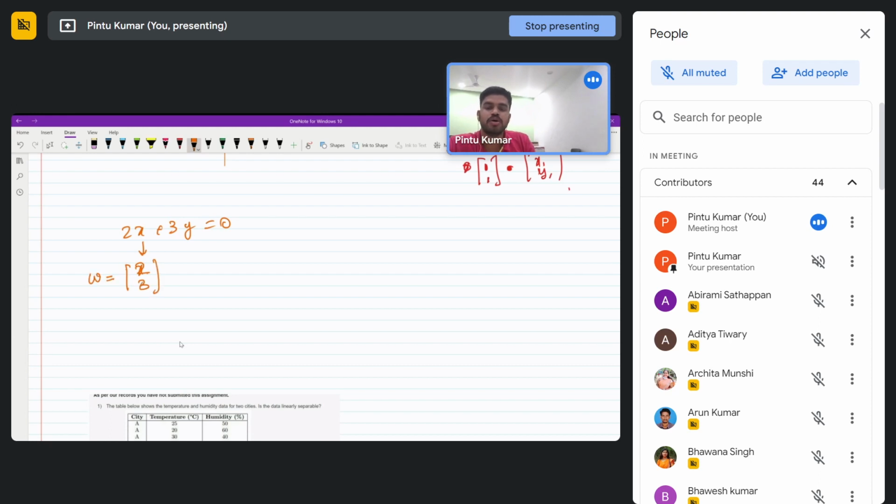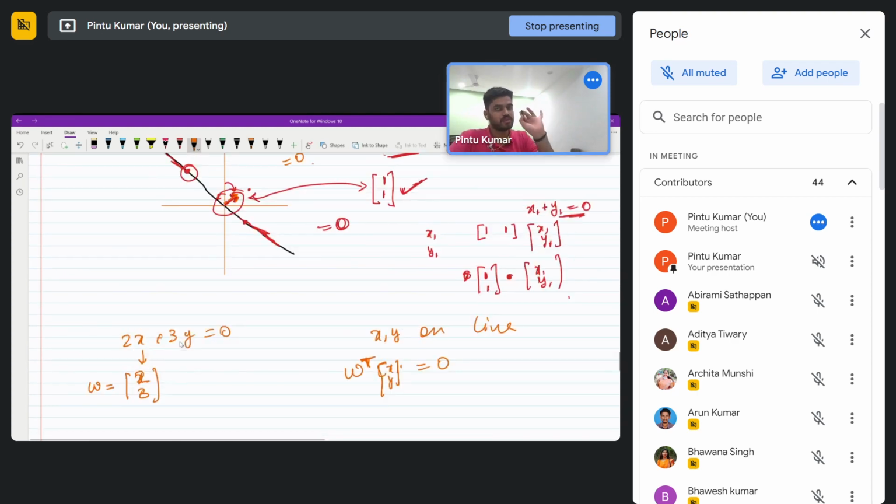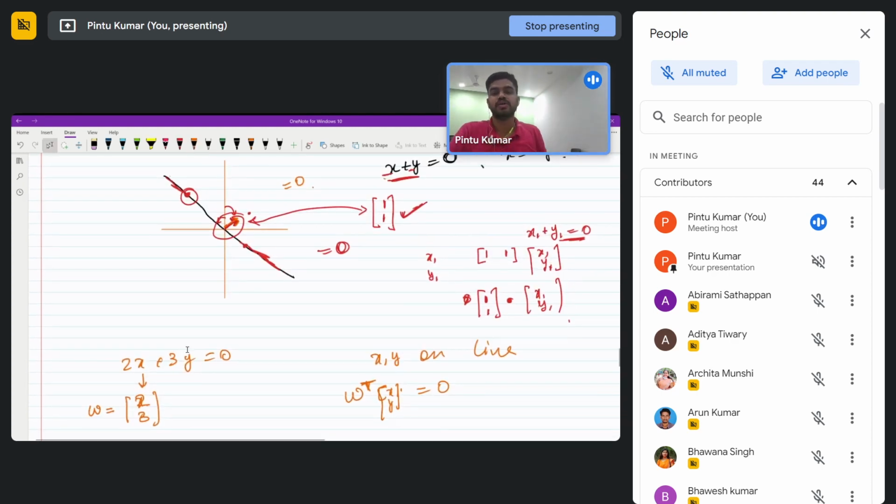Let's call it w. Then for all points x comma y on the line, w transpose, meaning the dot product with this x y, is 0.